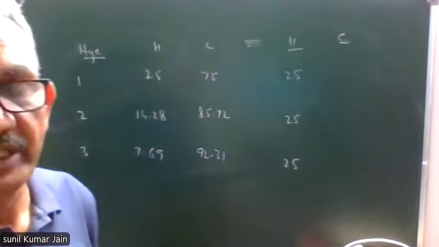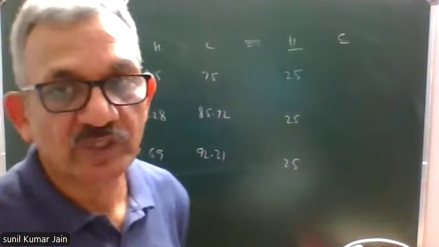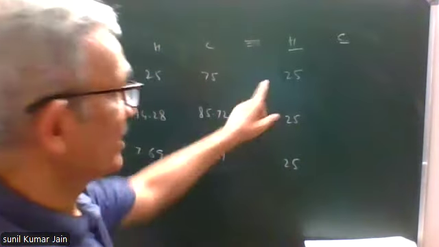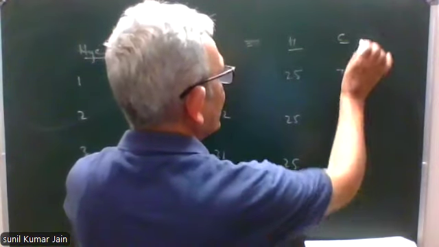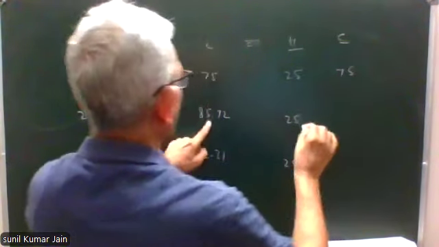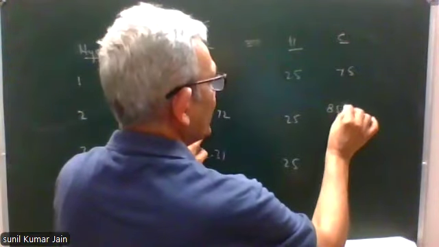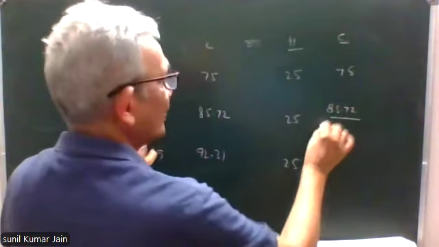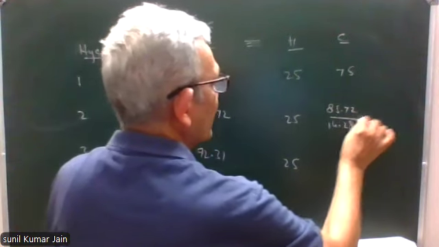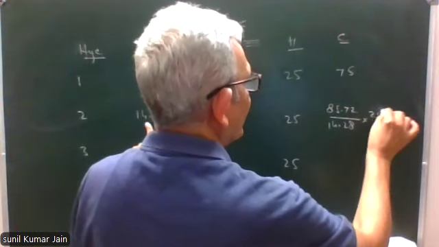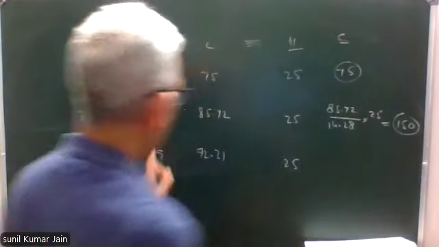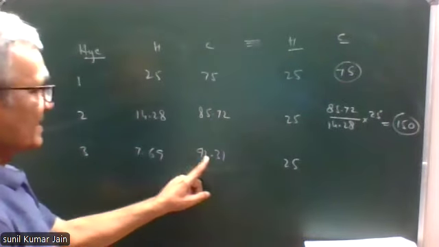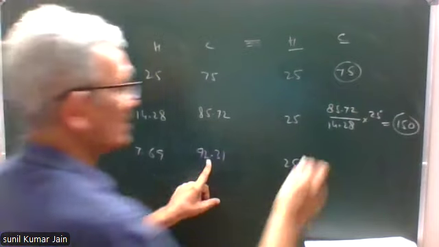Let us fix the quantity of hydrogen at 25 grams. So no calculation in the first case. It will remain 75. In the second case, it will be 85.72 divided by 14.28 into 25. This will come out to 150. Third case, 7.69 combines with this much.